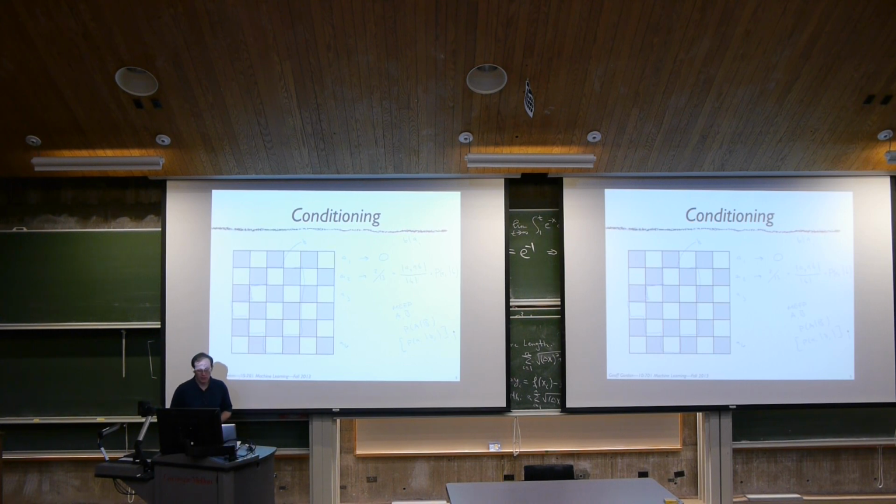Now, there's this maybe obvious sounding, but actually quite useful theorem called the law of total probability, or the sum rule. So let's say again that the A's are the columns, A1 up to A6.